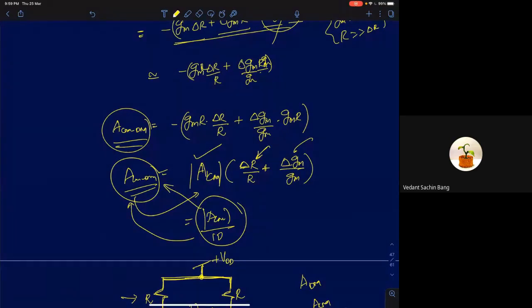That's one of the most important performance metrics of a differential pair. A differential pair ideally should not respond at all to common mode inputs. Differentially, it should not respond. That's what ACM-DM tells us. But if you have mismatch, even a 5% mismatch, if your ACM is very large, it can translate to a huge ACM-DM, and that's a problem.